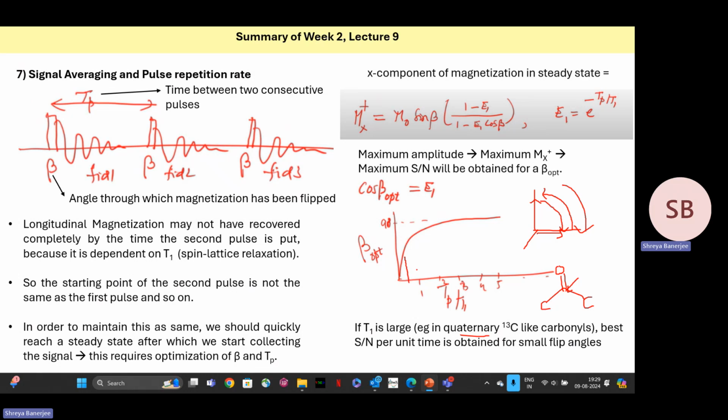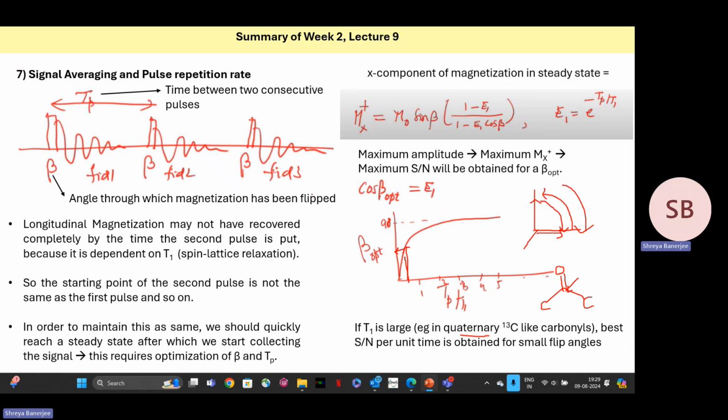If Tp by T1 is small, you will come to this graph and you will see the beta optimum is less than 90. So basically what this means is that we cannot blindly apply a 90-degree pulse for every experiment, because it may so happen that we are applying a 90-degree pulse, but the FID of one scan is merging with the FID of the second scan.